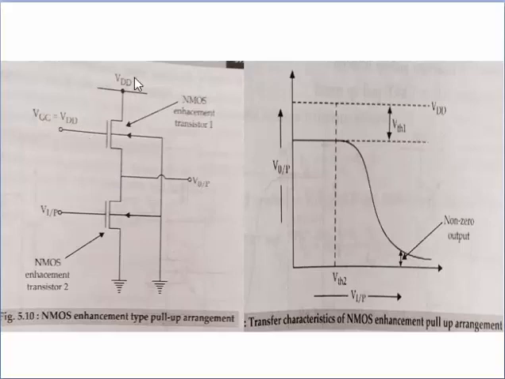VGG is connected to VDD. We can also say that if we apply a voltage between gate and source, that is VGS is positive, it means there is a positive voltage at the gate relative to the source.